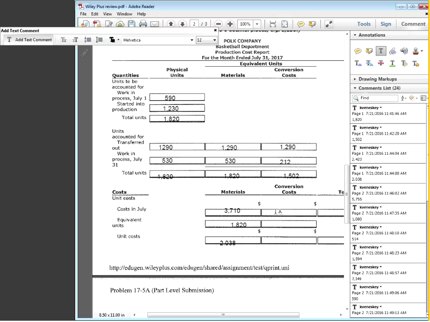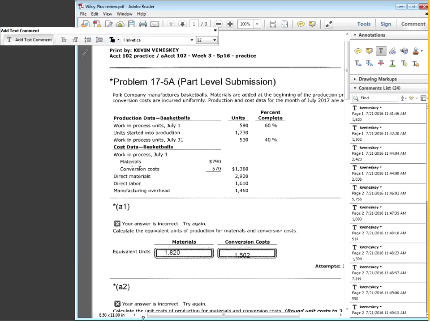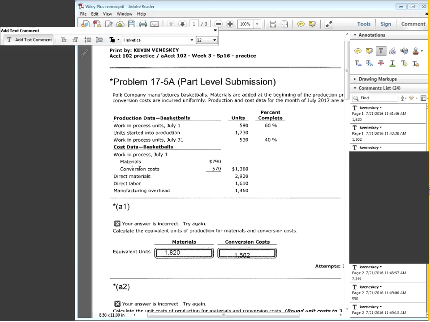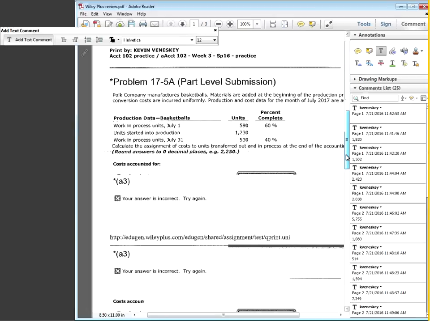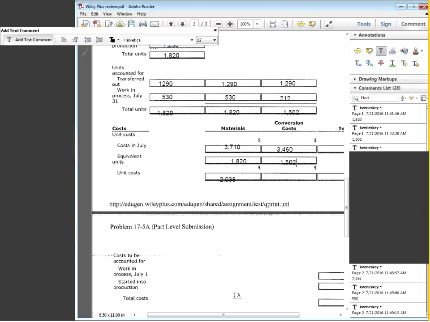Now for my conversion costs, cost in July, come back up here, add the 570 plus the 1610 plus the 1460. I got the 3640. A lot of these numbers we've already calculated, but I went ahead and just did it again just to make sure. The equivalent units that we worked on, well, that's what this number was right here, 1502.